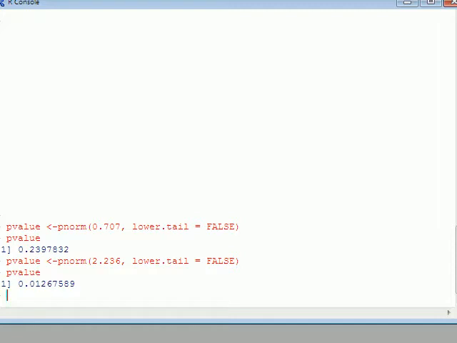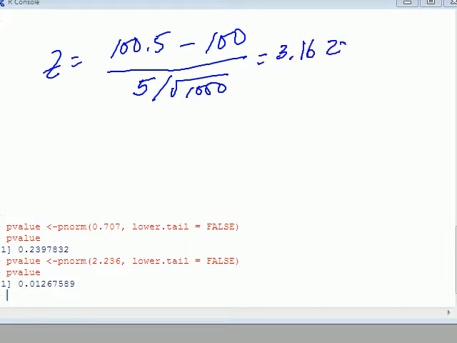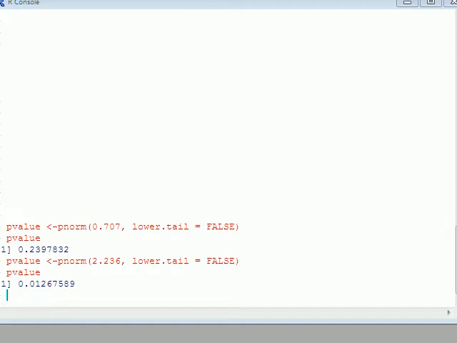Alright, I can repeat that calculation again, and this time I'll do it with a sample size of 1,000. So here's how my z-value is calculated. My test measurement was 100.5, my original mean was 100, and I divide by the standard deviation, which was 5, divided by the square root of 1,000, and I come up with 3.1622. Let's go find the p-value for that case.